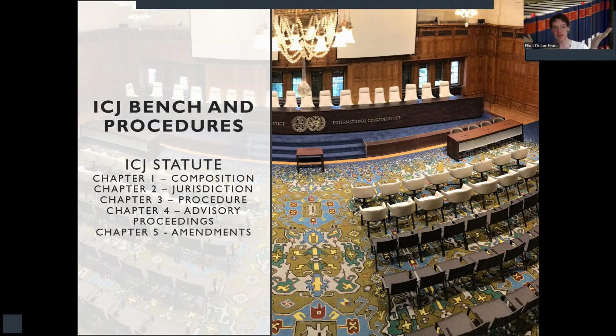On the other hand, advisory proceedings. The court is asked a legal question by an authorized organ of the UN, and it will then give its legal advice in a reasoned opinion, and it won't be legally binding on the requesting organ. So these are the 2 distinct sets of proceedings regulated by chapter 2 of the statute.